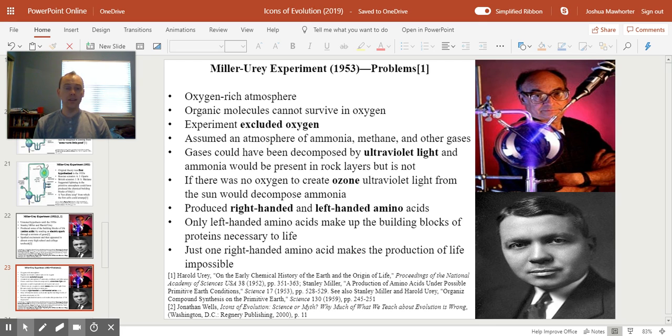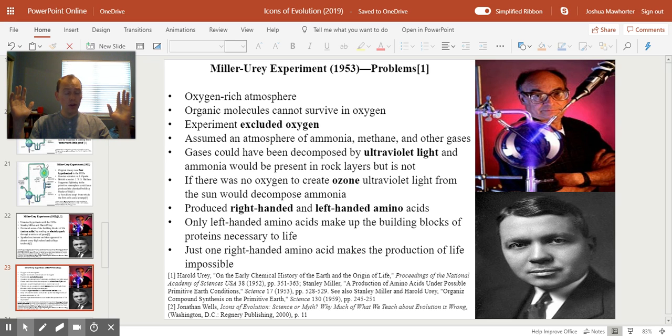The problem is, if there had been oxygen, it would have caused the amino acids to oxidize and would have broken them up. But if there was oxygen, it would create this ozone layer that blocks some of the ultraviolet light from the sun.